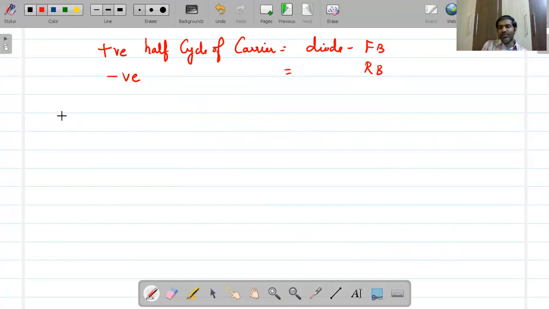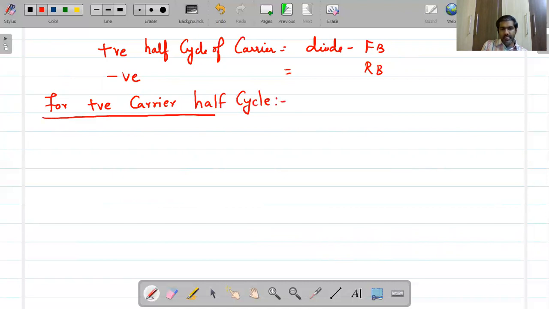Now let us see what the output is for forward biased and reverse biased. For the positive carrier half cycle, you know that the diode is forward biased. So Va of t is positive, because during a positive half cycle your diode is forward biased.